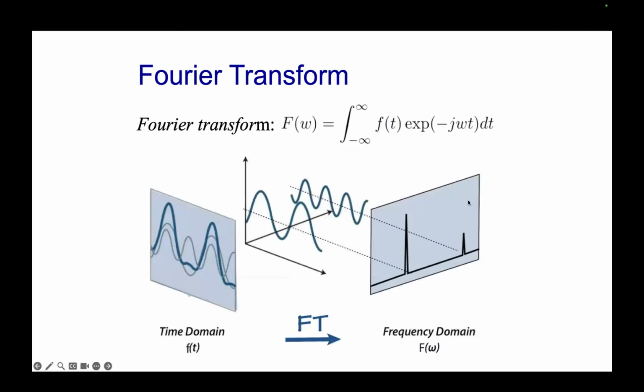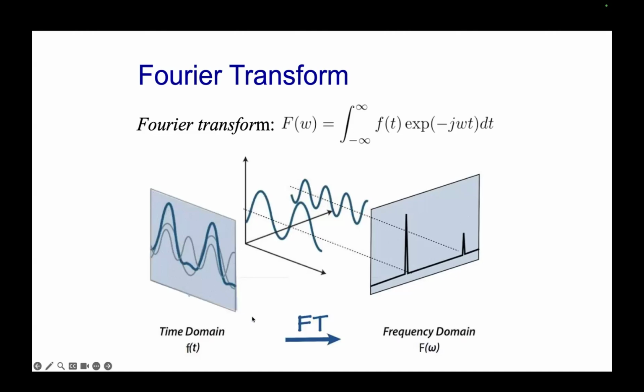This is another good example of the Fourier transform. This blue signal is a time domain signal, which is made up of these two sinusoids. This is the first one with lower frequency and higher amplitude. And this is another one with slightly higher frequency and lower amplitude. When we add these two signals up, we get this signal.